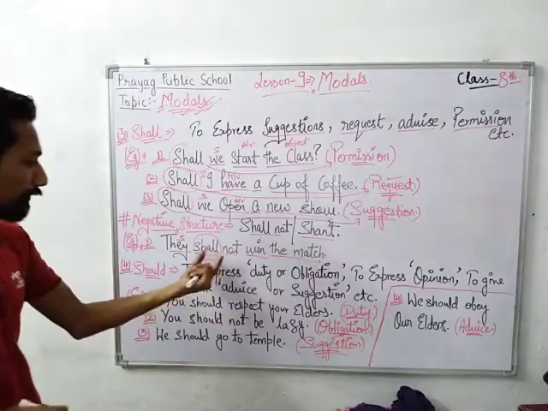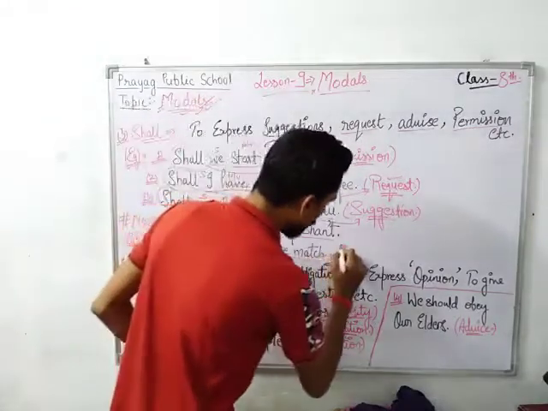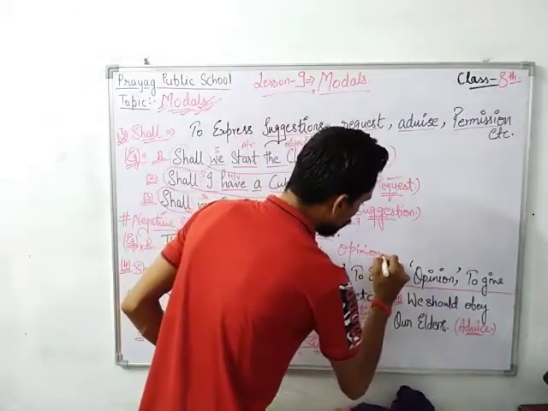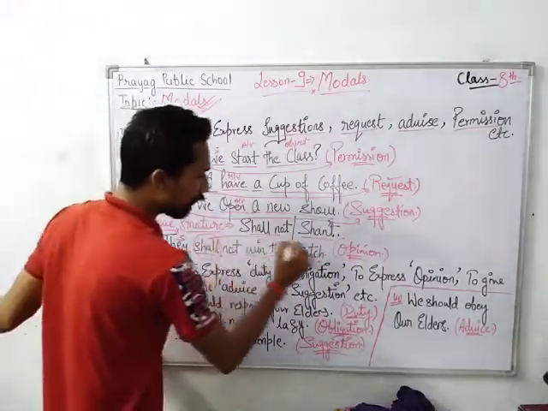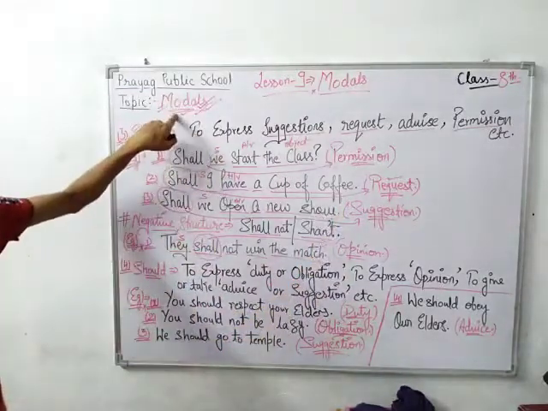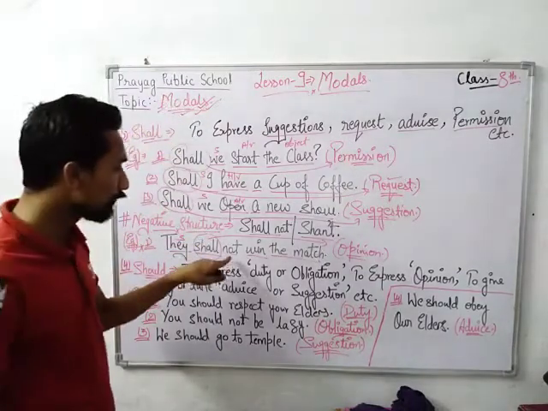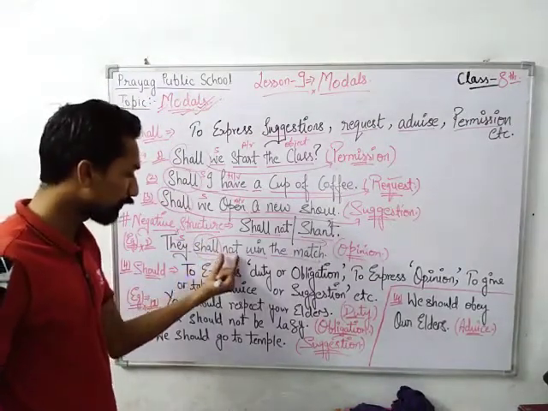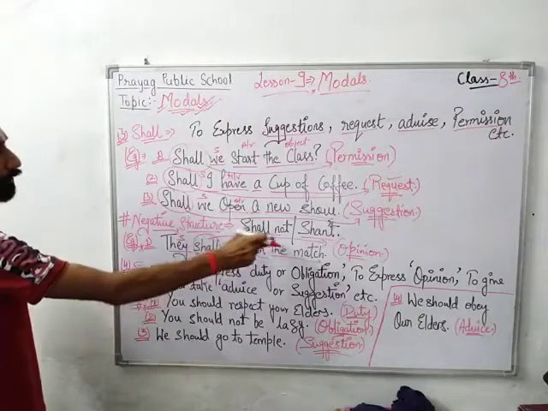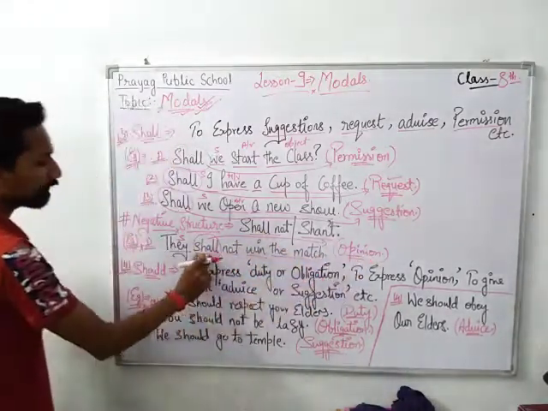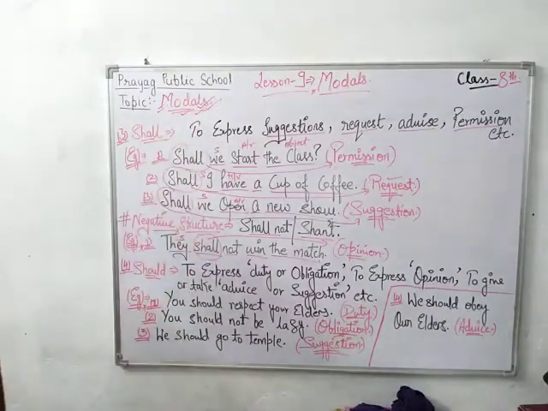It is giving an opinion that they shall not win the match. So shall is expressing the mood of the speaker in the sense of opinion, and that is why it is falling under the category of modal along with the negative sense because not has been used after the word shall, right?